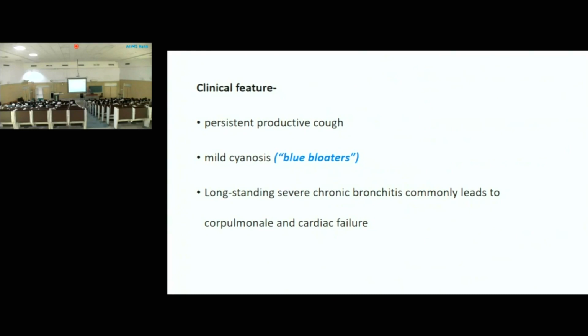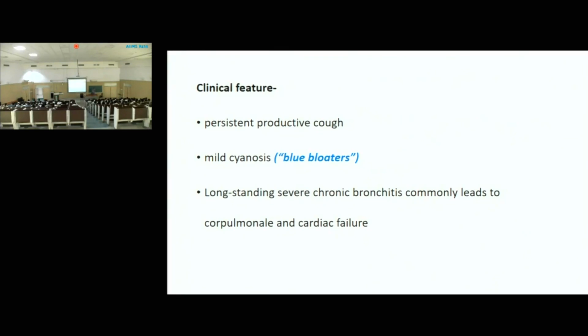Due to these chronic obstructions, what will happen? The heart is divided into 4 chambers, right? Right atrium, right ventricle, left atrium, and left ventricle. From the right ventricle, the blood will go towards the lung. But due to the chronic obstruction, the normal quantity of blood will not go towards the lung.